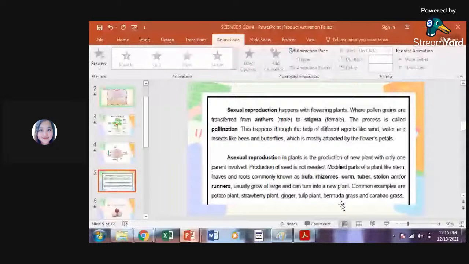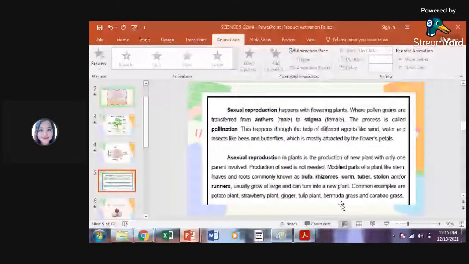Production of seed is not needed. Modified parts of the plant like stem, leaves, and roots form tubers, stolons, and runners, which usually grow large and can turn into a new plant. That's why only one parent is needed, because it can reproduce by itself. Common examples are potato plant, strawberry plant, ginger, tulip plant, Bermuda grass, and carabao grass.